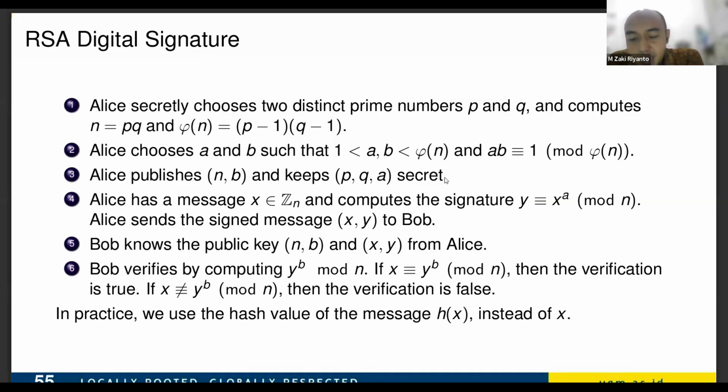If X is congruent to Y to the power of b modulo N, then the verification is true. And if not, then the verification is false. But in practice, we use the hash value of the message instead of X for the signing process. So in practice, we send the message X, the hash value of X, and the signature.